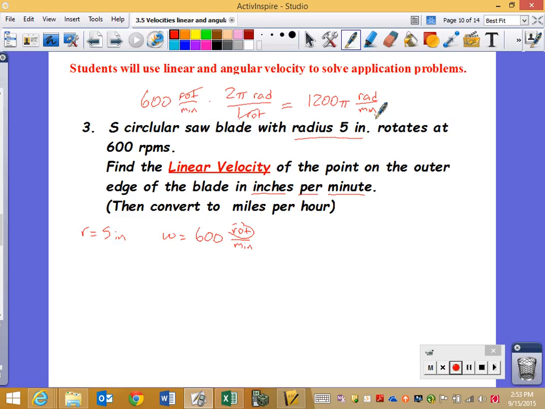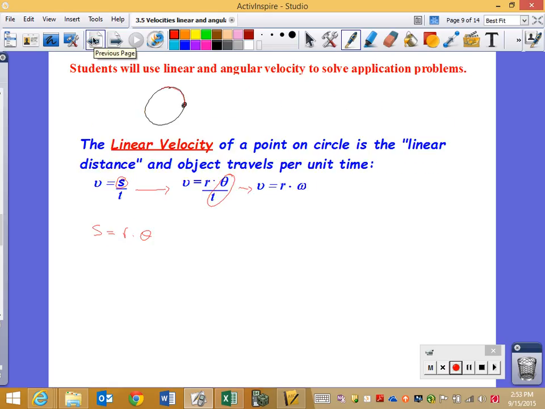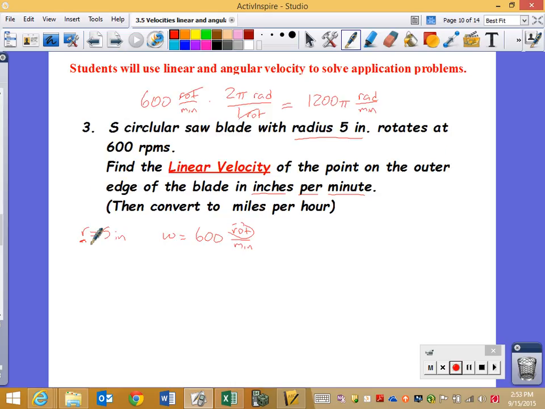So going back to the previous slide, what formula do we want to use? Well, I have a radius and an omega. So I'm just going to plug both of those into my linear velocity equation. So my r is 5 inches multiplied by my omega. Remember, we changed omega to 1200 pi radians per minute.